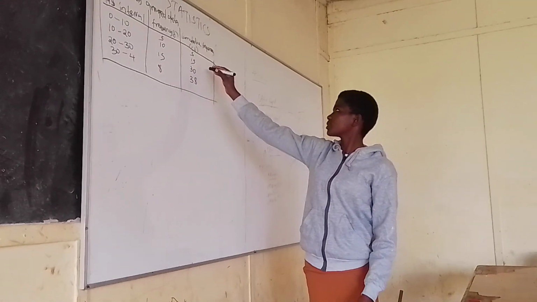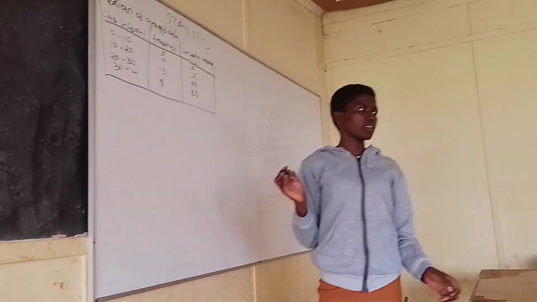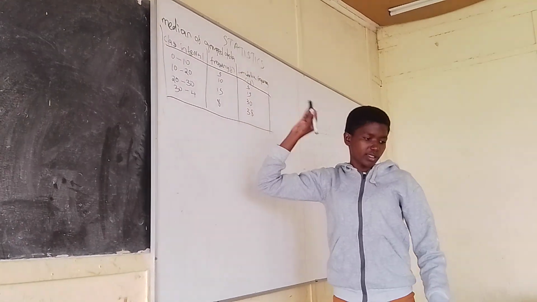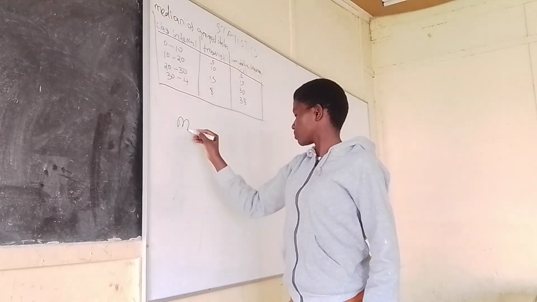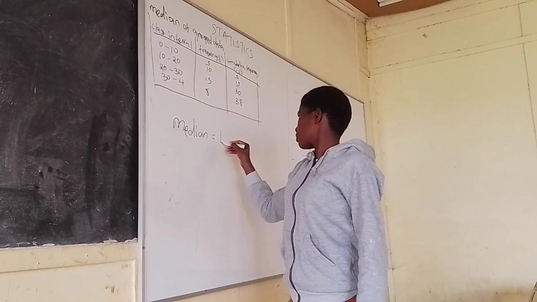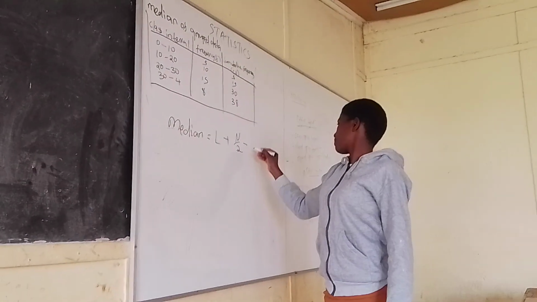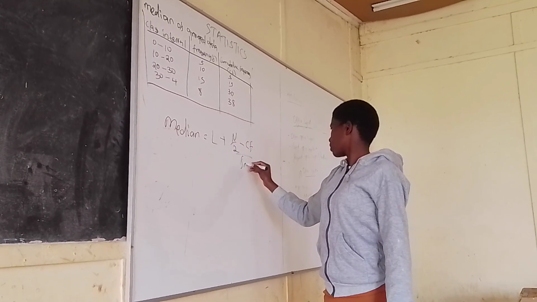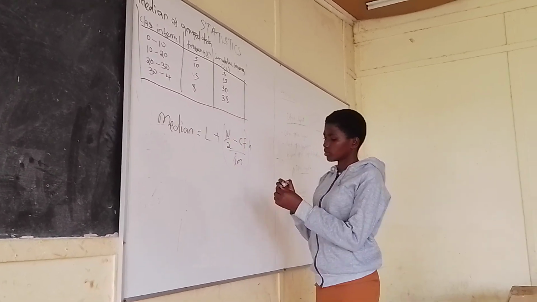After finding the cumulative frequency, you have to know the formula for finding the median of grouped data. The formula is L plus N over 2 minus CF over FM, times H, the height.